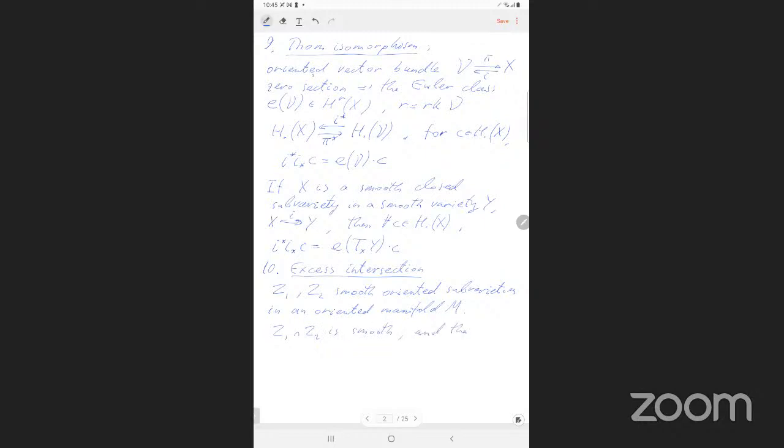And the intersection is so-called clean, but not necessarily transversal.